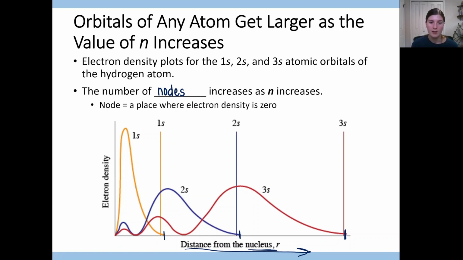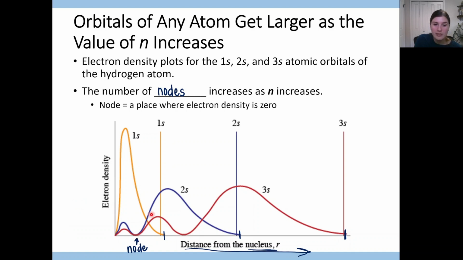If we look at the 2s plot, this blue line here that I'm tracing, there is a little bit of possibility that an electron can exist in this space close to the nucleus, and then the electron density is 0 right here. So this is a node, a place where electron density is equal to 0.